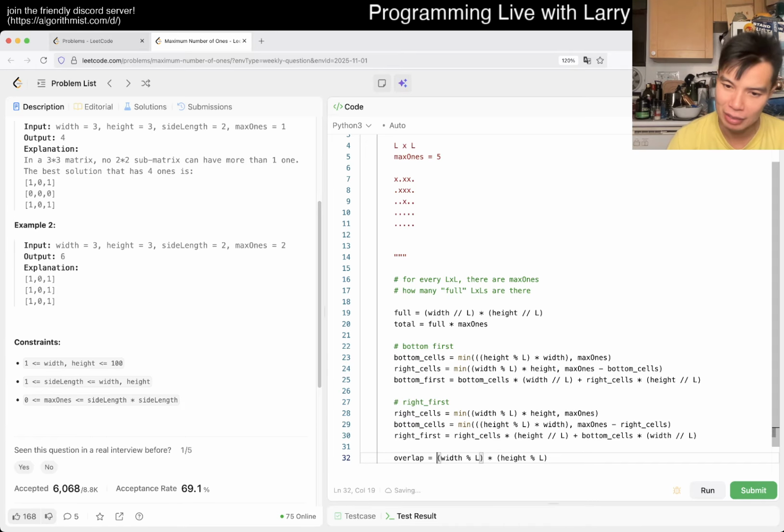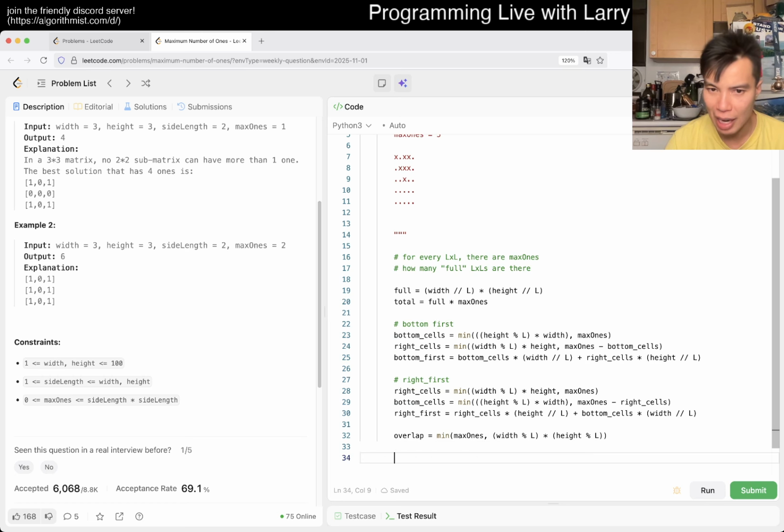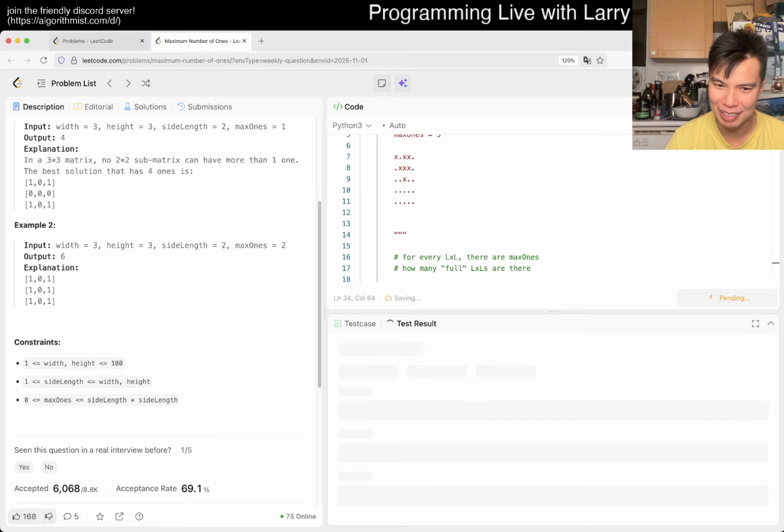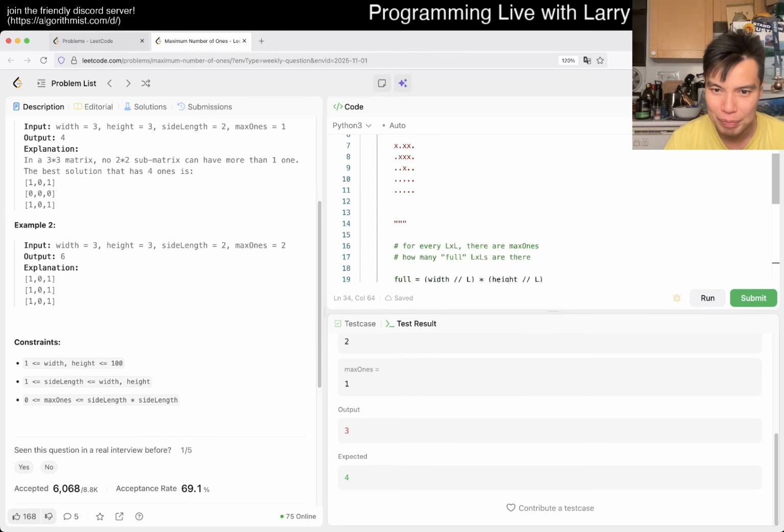So then this is the overlap, but we still want to take the min by max ones and this one, and then it is going to be total plus either max or bottom first, right first, plus overlap. I don't know, this doesn't feel good.